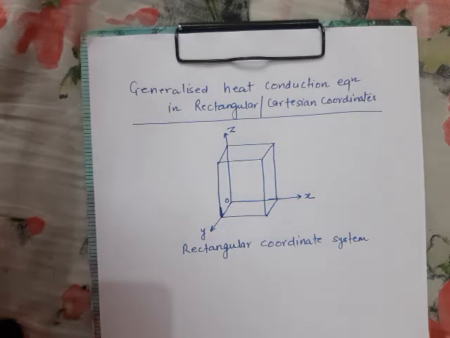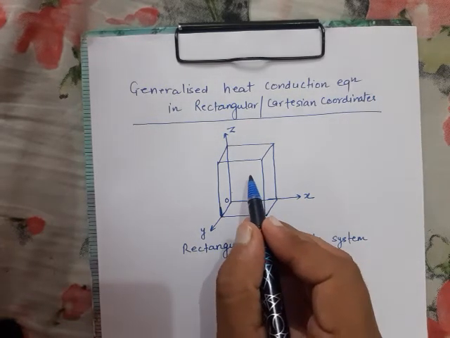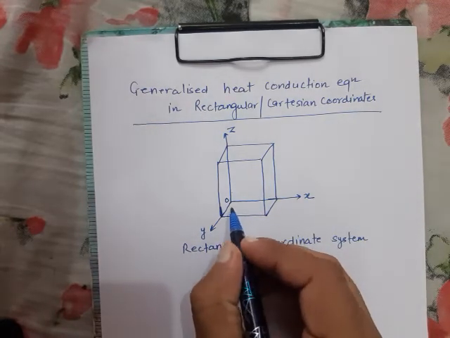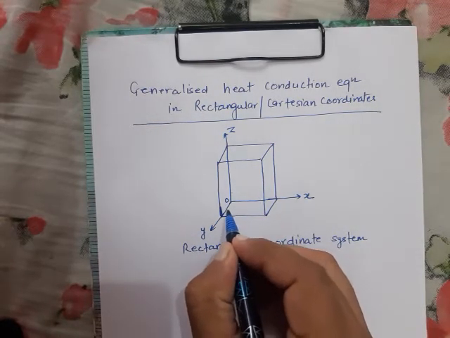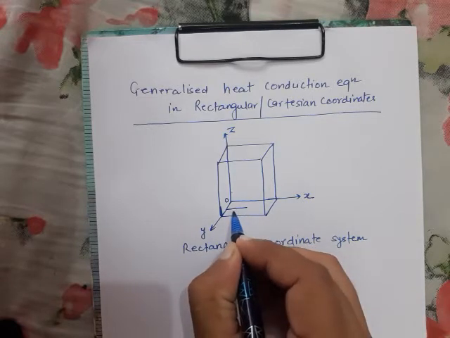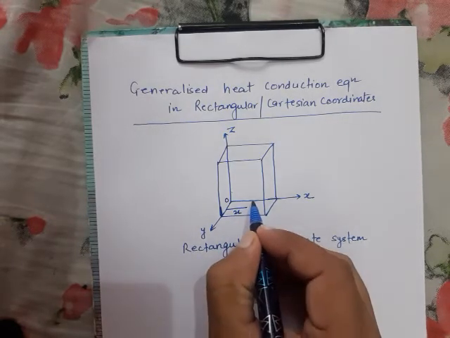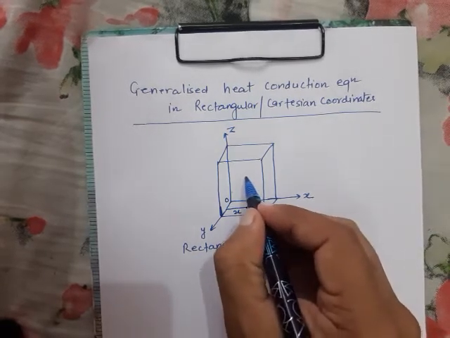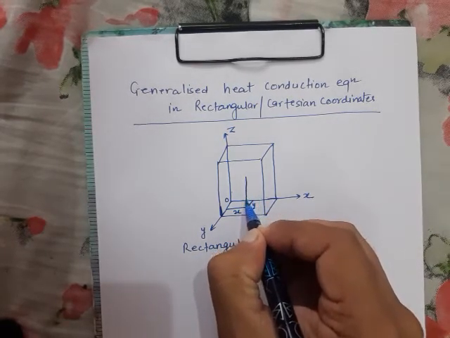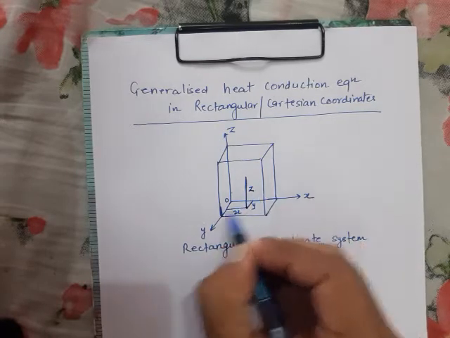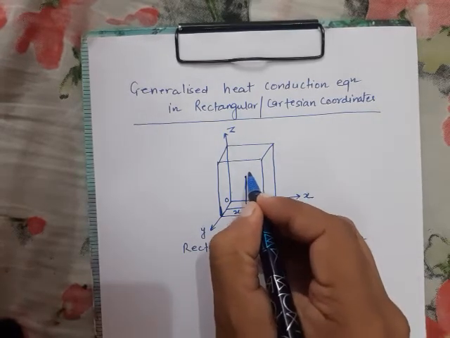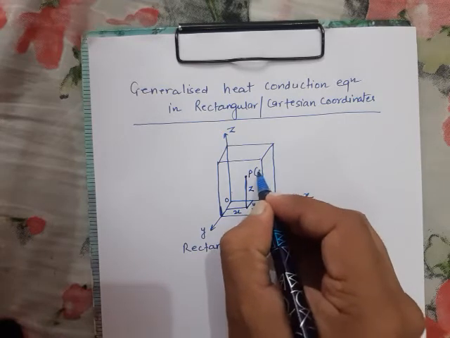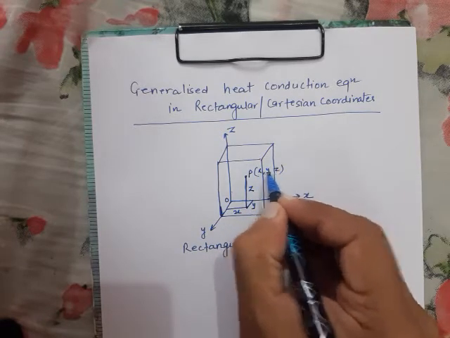If I want to specify a point here, I need to define its distance along the x-axis, which is x, its distance along the y-axis, which is y, and its distance along the z-axis, which is z. So this point P has been marked in this space with the coordinates x, y, and z.